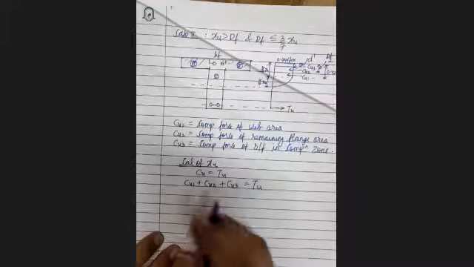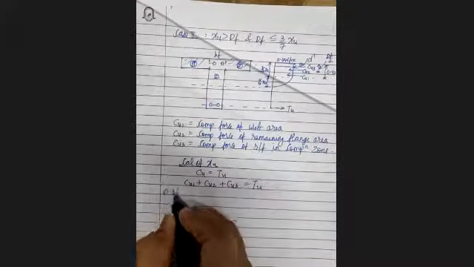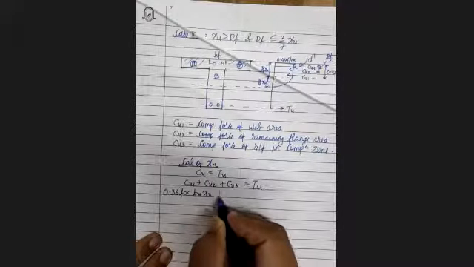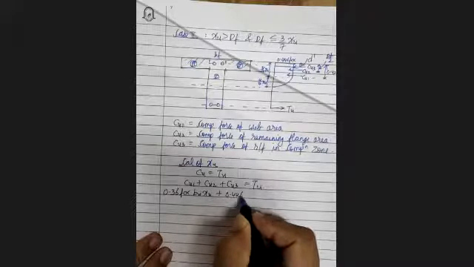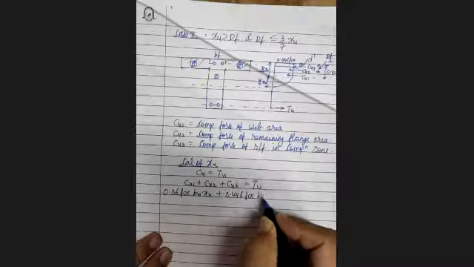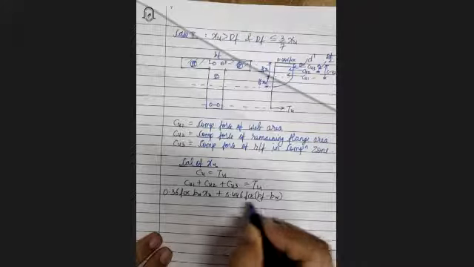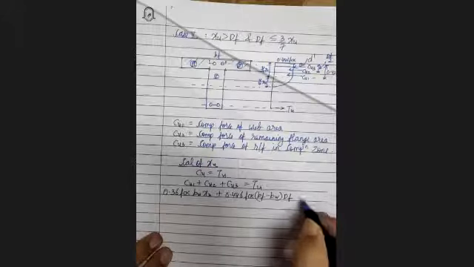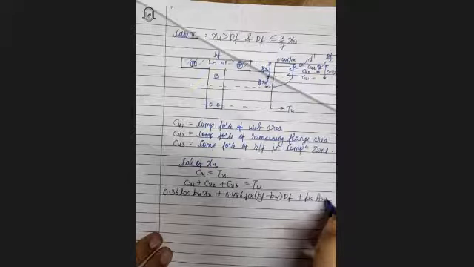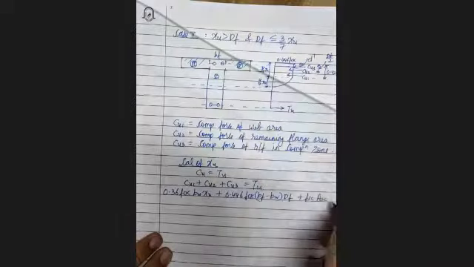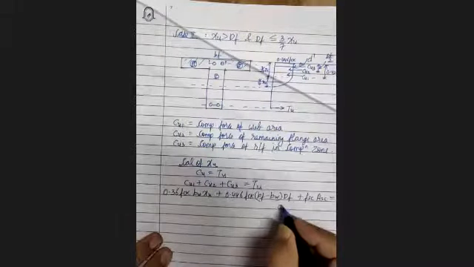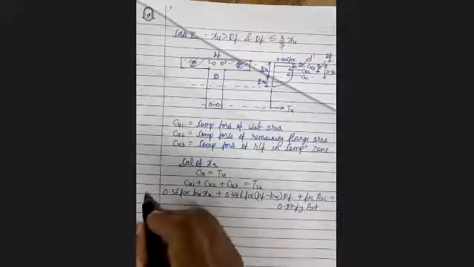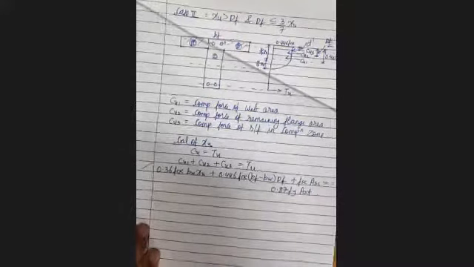So now the equation will become: Cu1, we already know, 0.36 fck bw into Xu, plus Cu2, what is Cu2? 0.446 fck (bf minus bw) into Df, this we have already done in the singly reinforced T section, plus fsc into Asc. Cu3 is nothing but fsc into Asc. This is equal to 0.87 fy into Ast. So this is your equation for Xu.